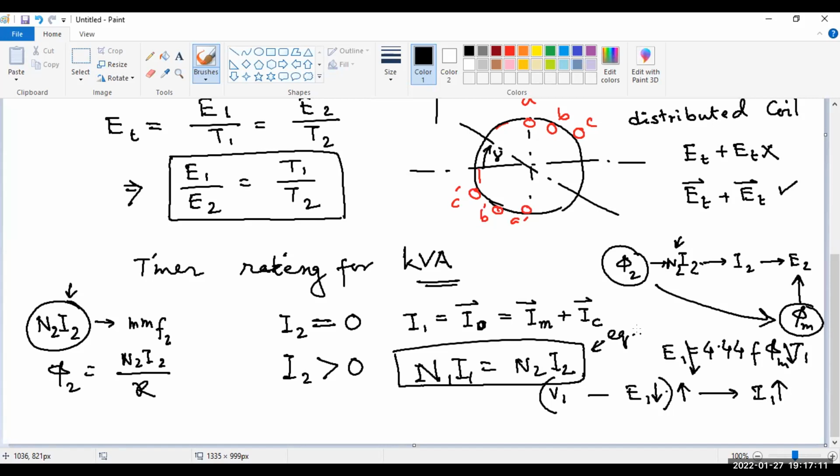If we have two equal voltages, then there will be no current. But if there is any difference in the battery voltages, definitely there will be some current.